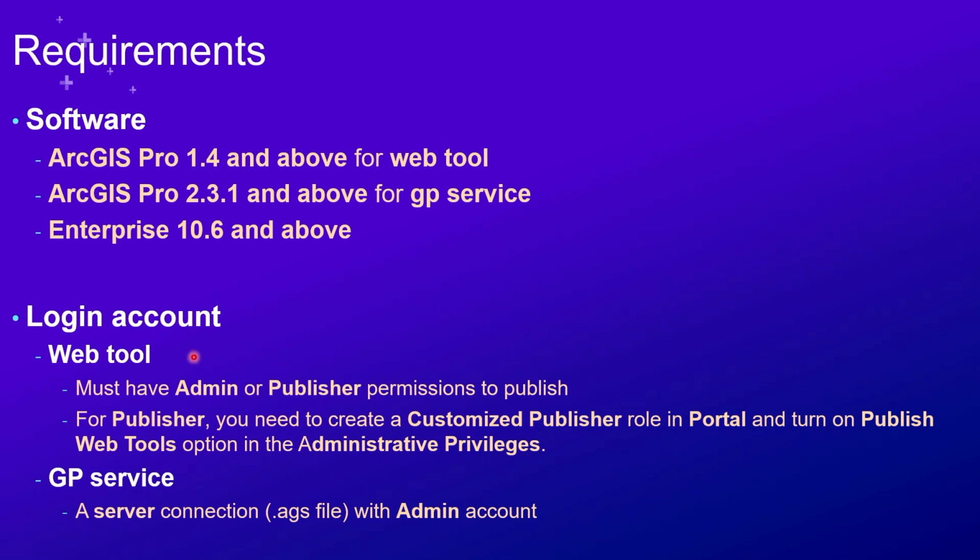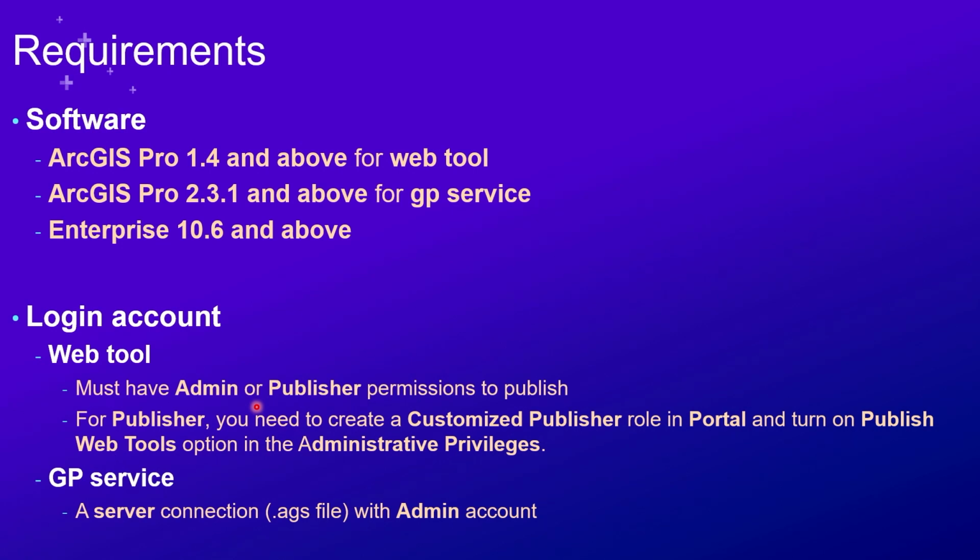For a web tool, you need to have an account with the privilege of at least publisher, so it's publisher and administrator. But be careful, if you have a publisher account, make sure you don't use the default publisher role.